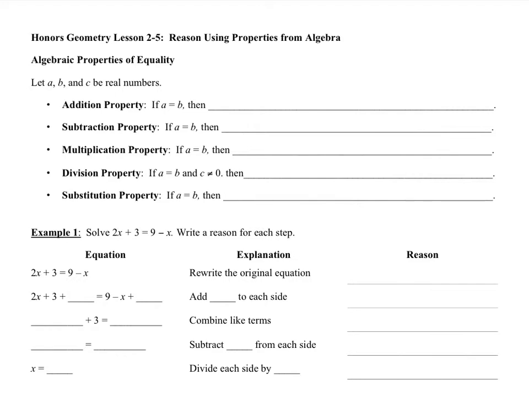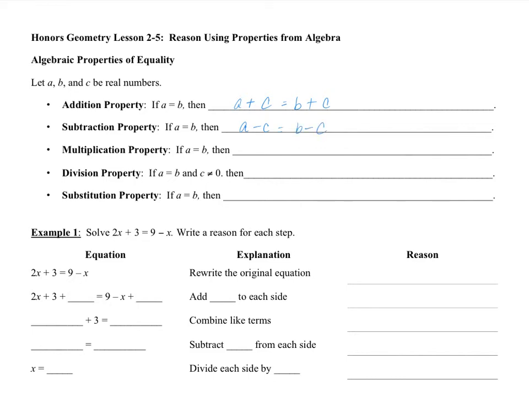Algebraic properties of equality. Let A, B, and C be real numbers. So we have the addition property. If A equals B, then if we add C to both sides, the equation is still balanced. Subtraction property. If A equals B, then A minus C equals B minus C. Multiplication property.